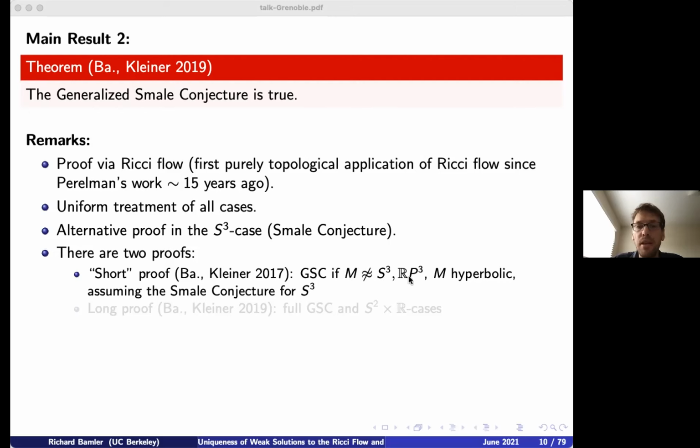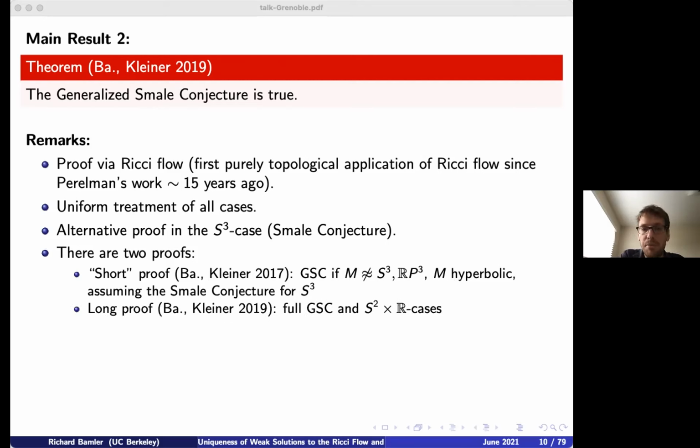It also shows it if M is hyperbolic, but we have to also assume the Smale conjecture for S3. So if we assume Hatcher's resolution of the Smale conjecture, which is true, and we limit ourselves to manifolds which are not S3 or RP3, then we can show this with relatively little work using the analytical tools that I want to present in this class.